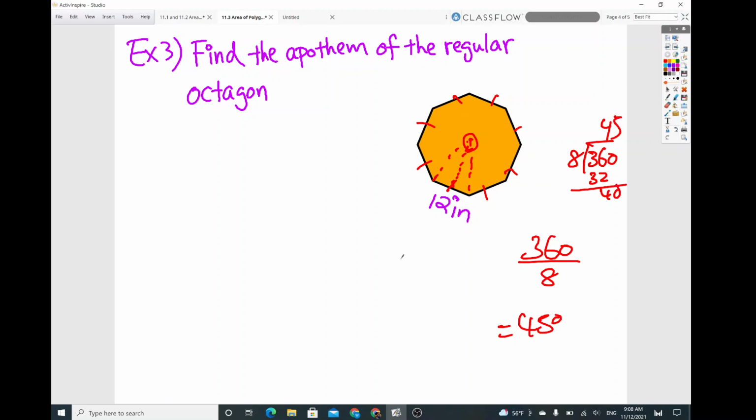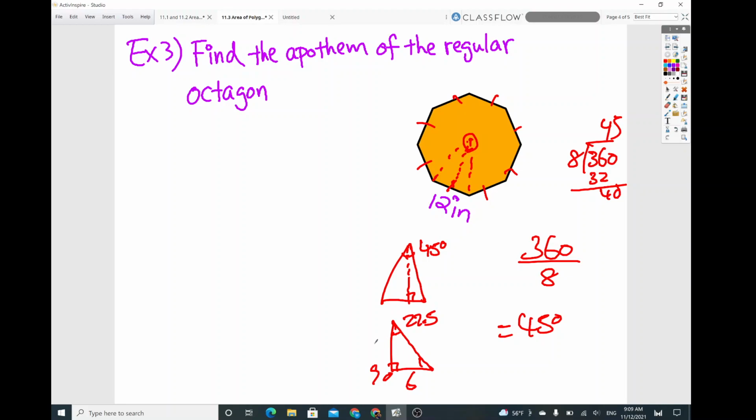So that means this angle here, the vertex of this triangle, is 45 degrees. Half of it would be 45 over 2, which is 22.5 degrees. This one is 90. We also know that half of the base, half of 12, is 6.